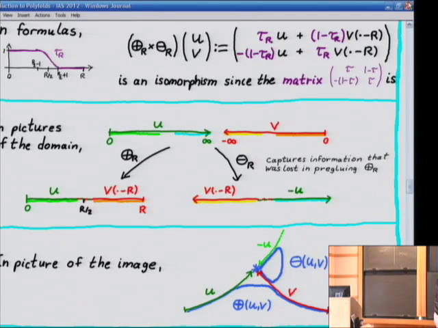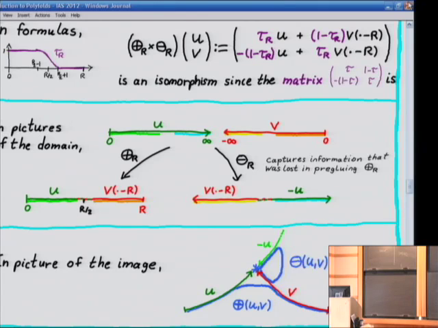Algebraically, the way to do that is we have a cutoff function that does this interpolation. This is the first line. That's the gluing: cutoff times U plus 1 minus cutoff times V. I need to shift V a little so that I get things actually on the interval. And so I just need to write down some matrix here that's invertible, right?